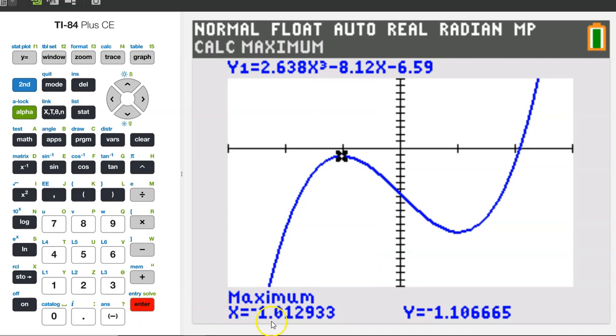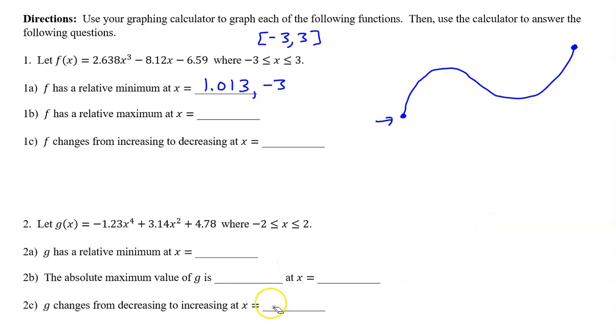And there it is, x equals -1.013. And again, the endpoint is going to be another relative max. So we have another one at x equals 3.